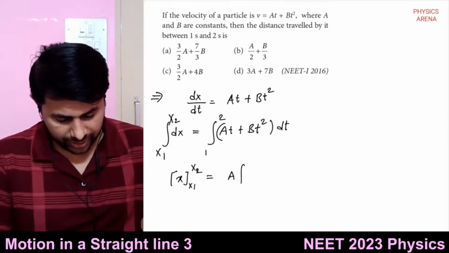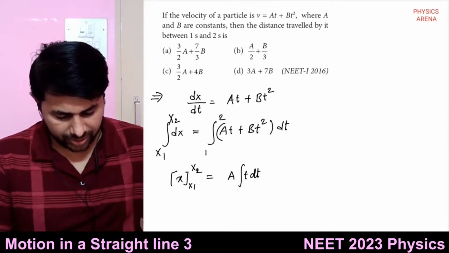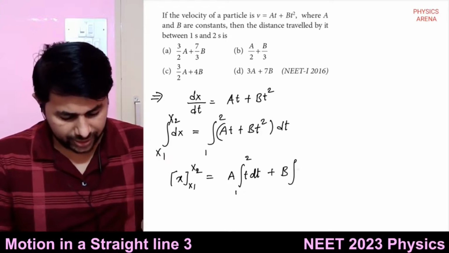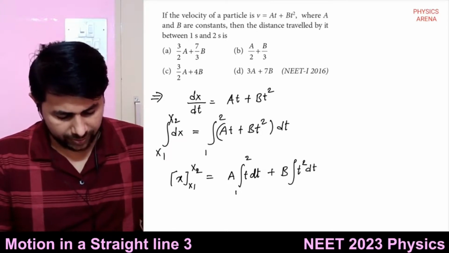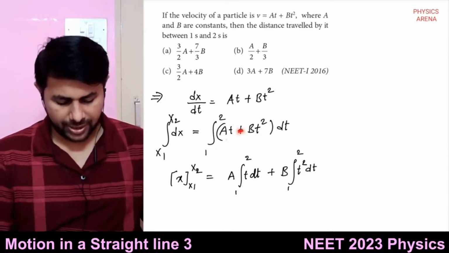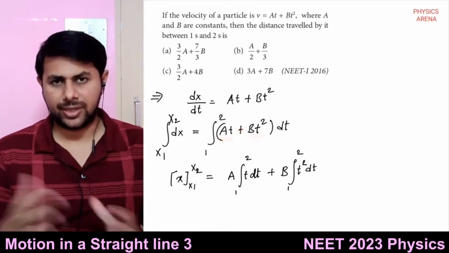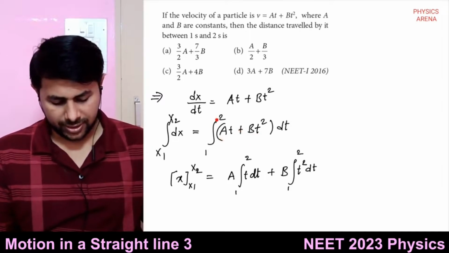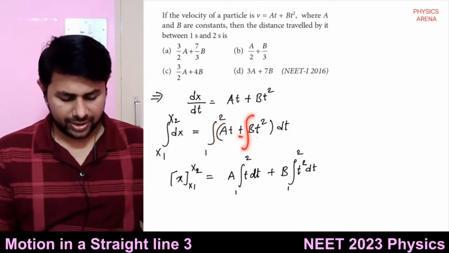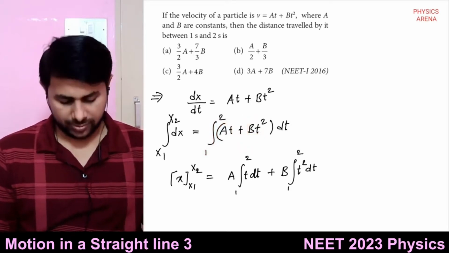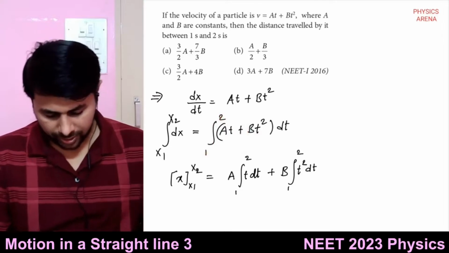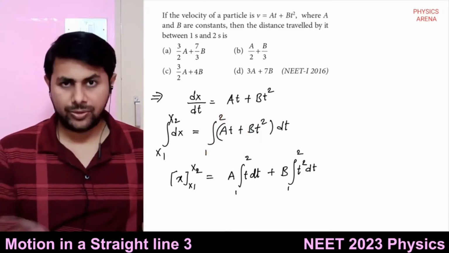Here a you can take outside, it is the integral of t dt from 1 to 2, plus b you can take outside, it is the integral of t square dt from 1 to 2. Here I have separated these two terms, at and bt square, from initial to final limit 1 to 2.